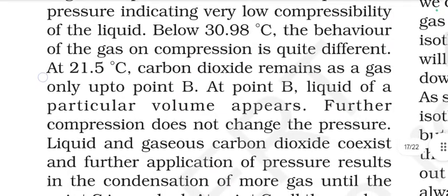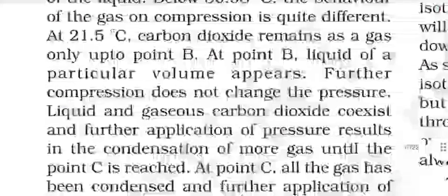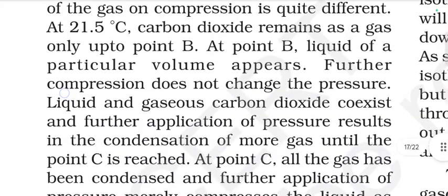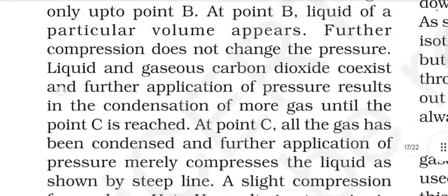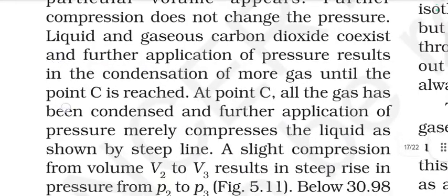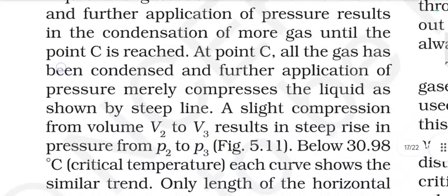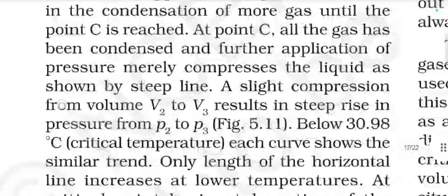Below 30.98 degrees Celsius, the behavior of the gas on compression is quite different. At 21.5 degrees Celsius, carbon dioxide remains as a gas only up to point B. At point B, liquid of a particular volume appears. Further compression does not change the pressure. Liquid and gaseous carbon dioxide coexist, and further application of pressure results in the condensation of more gas until point C is reached.